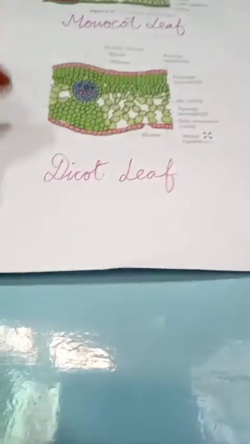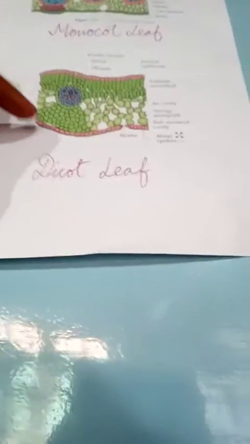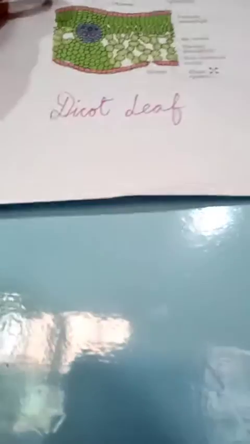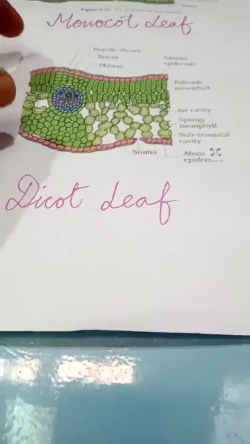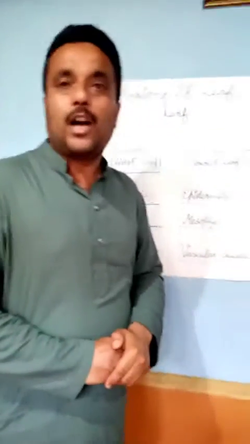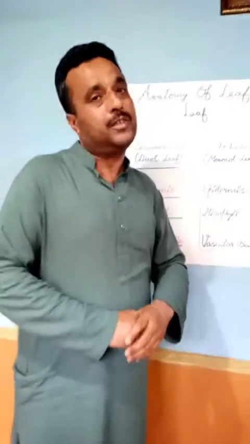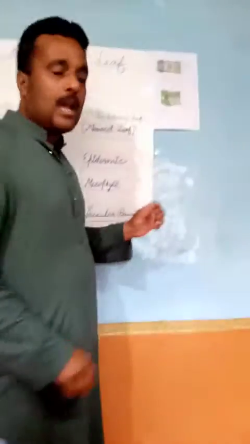Now, this epidermis is present on both surfaces, that is the upper surface and the lower surface. It is a uniseriate layer, made up of a single layer of compactly arranged, thin-walled cells.